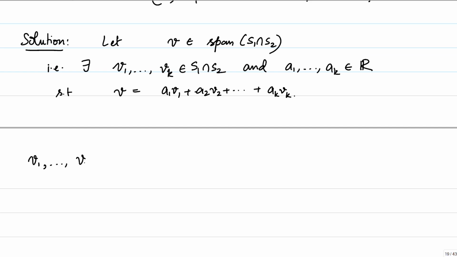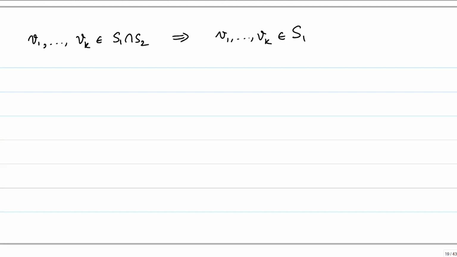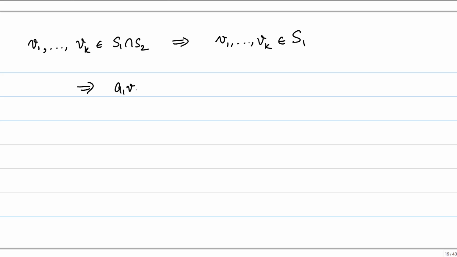Okay, so what does it mean to say that V1, V2 up to Vk belongs to S1 intersected with S2? This implies in particular that V1 to Vk belongs to S1 as well. It belongs to both S1 and S2. That is what it means for it to be in the intersection. So in particular it belongs to S1, and since the span of S1 consists of all linear combinations of the vectors in S1, this implies A1 V1 plus up to Ak Vk belongs to the span of S1.